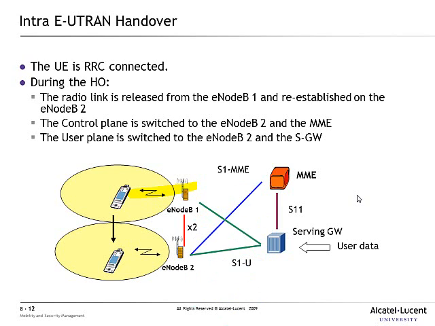Then you have to establish a data plane between the new or the target eNode B and the serving gateway, and then the old data link can be removed for that particular UE. Remember, each UE has a separate signaling plane and a data plane.